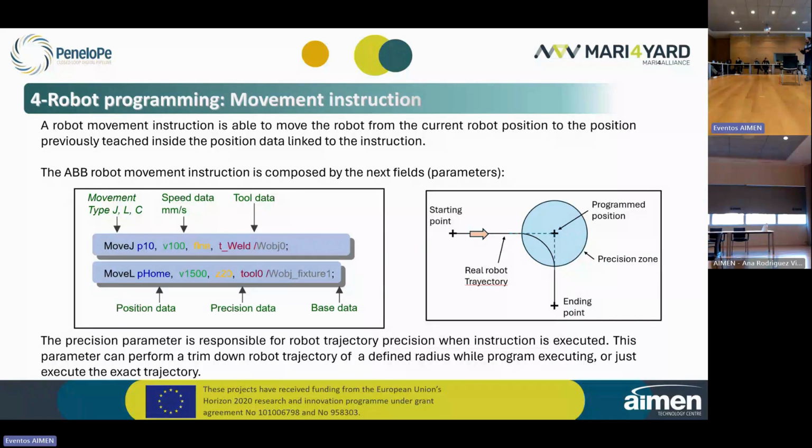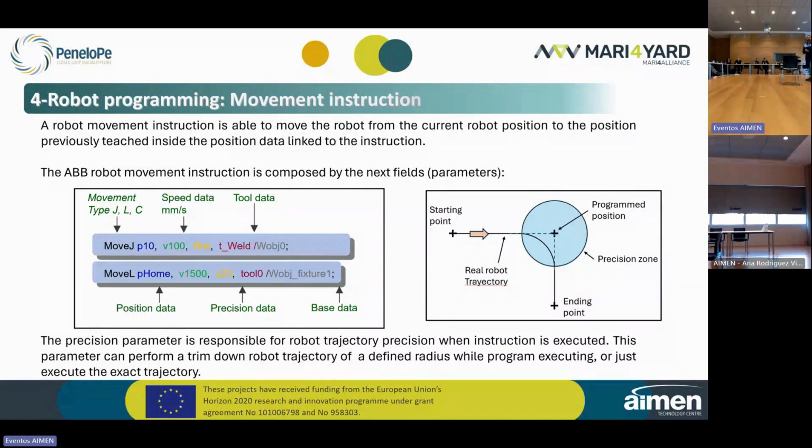Downstairs, there is only one gripper attached to the robot flange, but there could be two or three, or with an automatic tool changer, we could have more different tools for the robot to work with. So inside of the movement instruction, it's mandatory to say which tool we are going to work with. This is the tool data.